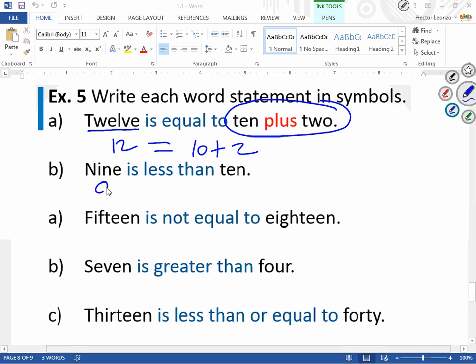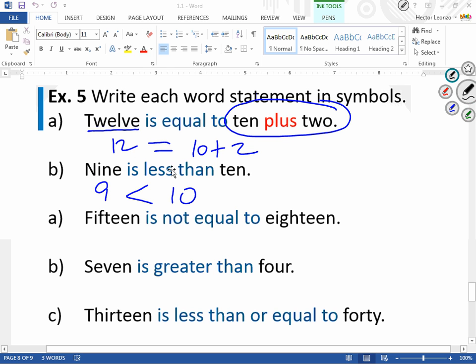9, I see the 9, is less than, we talked about inequalities already, is less than 10. One thing though, for inequalities, they always start with the word is. So is less than started with the word is, so that is an inequality. I'll deal with it later when it is not is at the beginning.